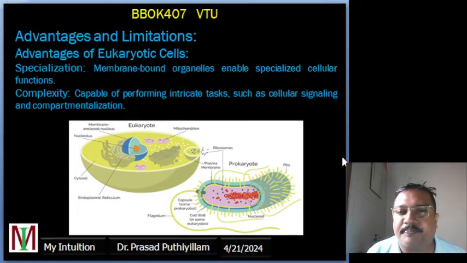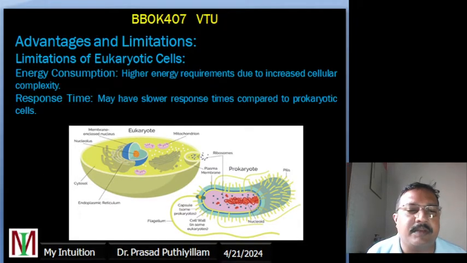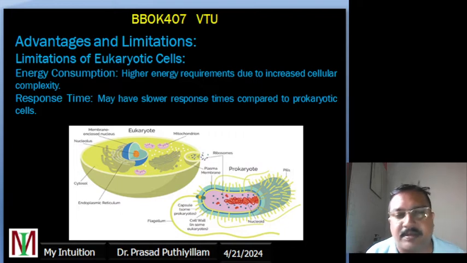Limitations: the energy consumption. Because of the increased complexity, eukaryotic cells need more energy to maintain all the functions, all the organelles, their cellular processes. And the response time: because of the large size and complex structure, it sometimes leads to slower responses to environmental changes compared to the prokaryotic cell.